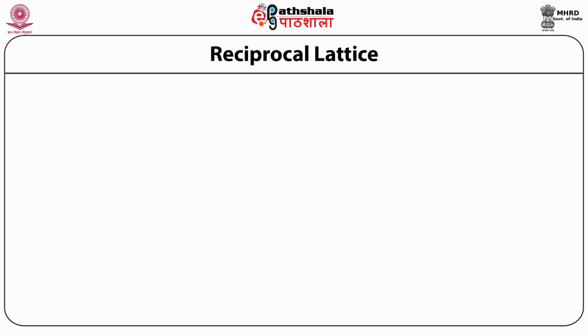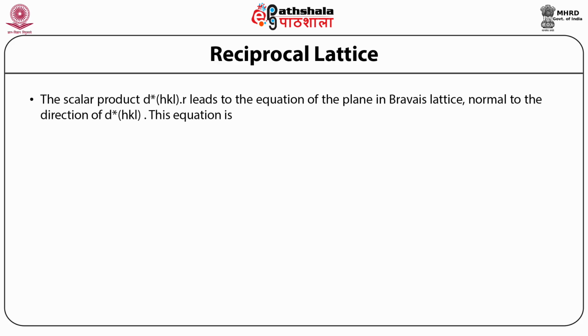Already we have given an expression for D star HKL as H A star plus K B star plus L C star as given in equation 4.4, and the expression for the vector R is also given in equation 4.5 as R equals xa plus yb plus zc. Then simply the scalar product D star of HKL dot R will lead to the equation of the plane in the Bravais lattice normal to the direction of D star of HKL.